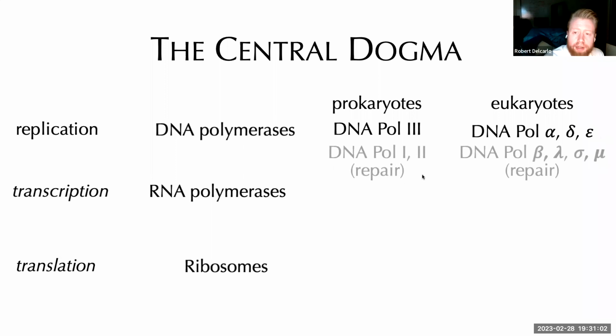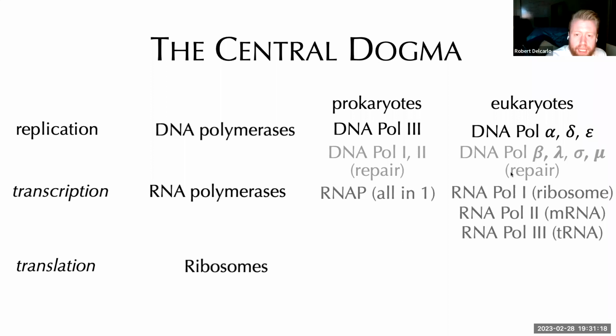So in prokaryotes, DNA polymerases 1 and 2 are the repair enzymes, whereas in eukaryotes, DNA polymerases beta, lambda, sigma, and mu are the repair enzymes for DNA.